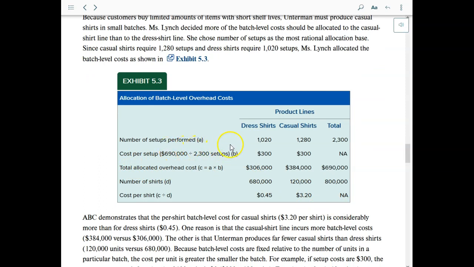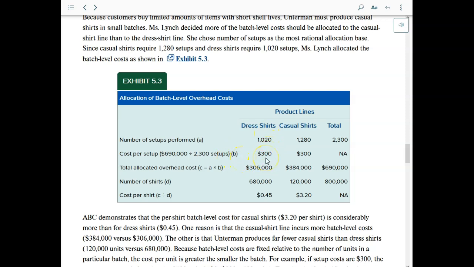So number of setups performed for dress shirts, 1,020. Casual shirts, 1,280, for a total of 2,300. We take the amount of setup cost in total for the whole year for everything, divide by the number of setups, and get $300 per setup, because it takes setup cost to start a batch run.